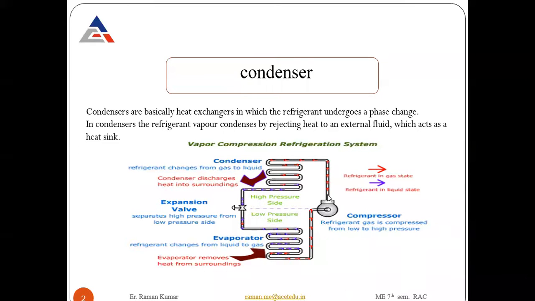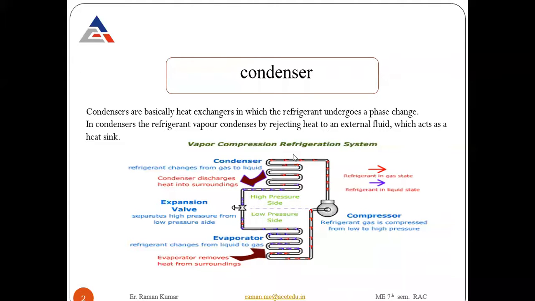Then it is supplied to the condenser. So look here, this is the condenser. The main function of the condenser is that at constant pressure, it supplies heat to the surrounding. When it supplies the heat to the surrounding, its temperature decreases, so there will be a phase change from vapor to liquid.